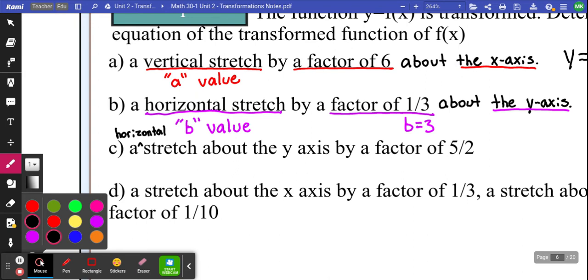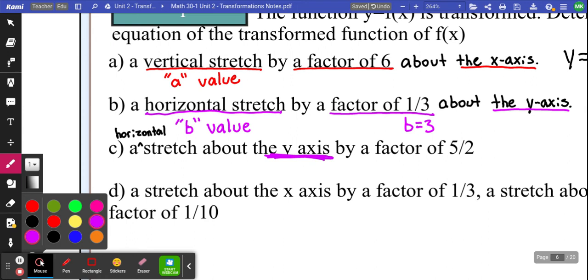I know it's horizontal because I'm stretching away from the y-axis. I'm going sideways, away from the y-axis, by a factor of 5/2.